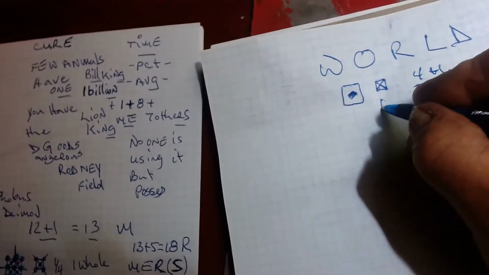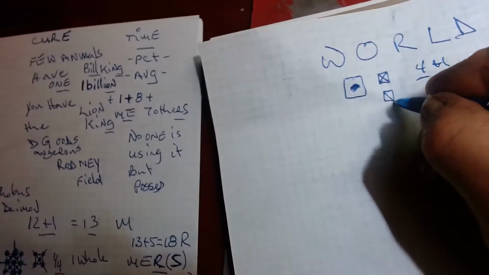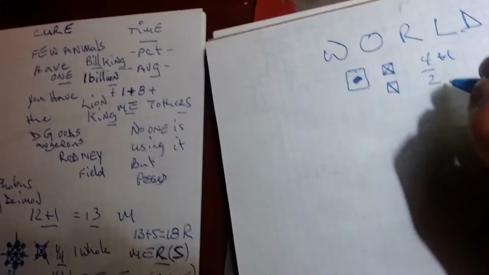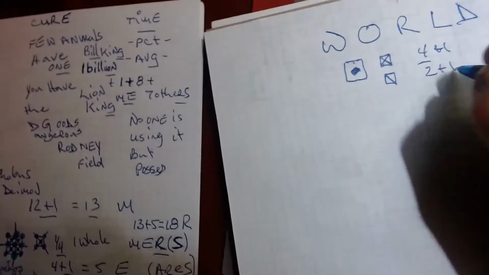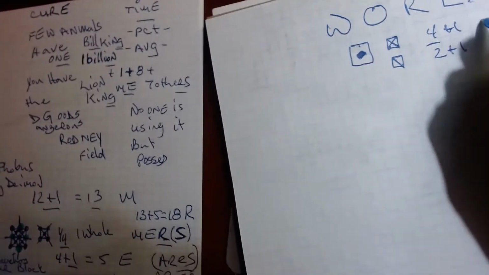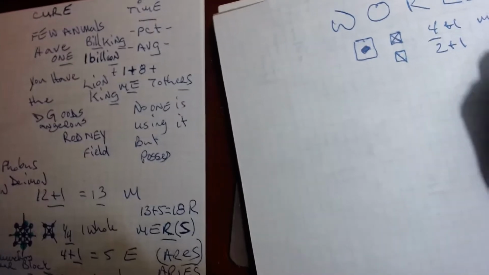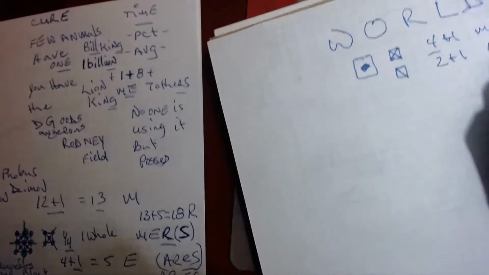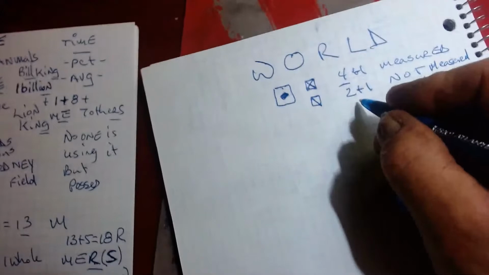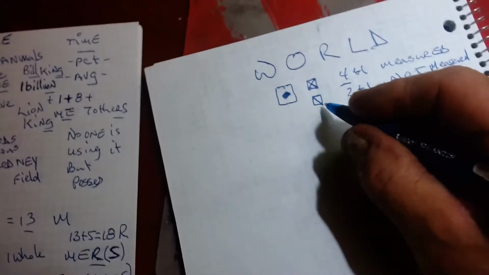If I just do it like this, I am creating a perfect 2 and 1. But now you need to measure. This is measured. This is not measured. Not measured for center, but there is a center between 2 points.